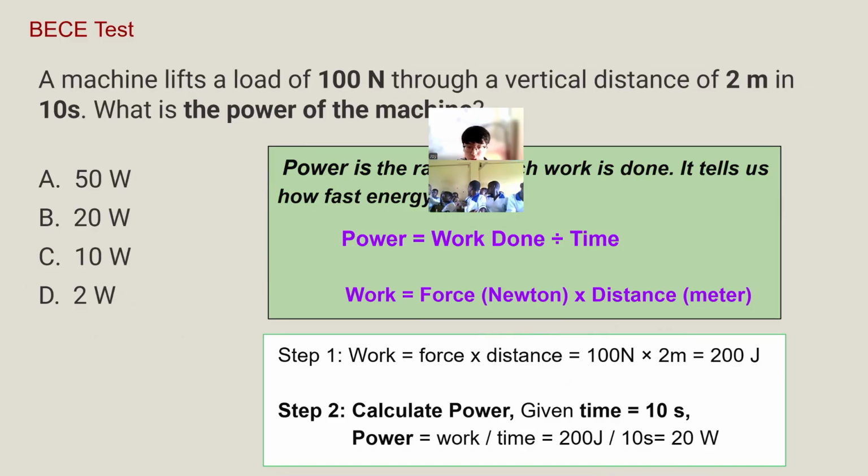And power is W divided by T, work over time. So it's 200 divided by 10, which is 20 watts. So that's how you calculate the power in these questions.